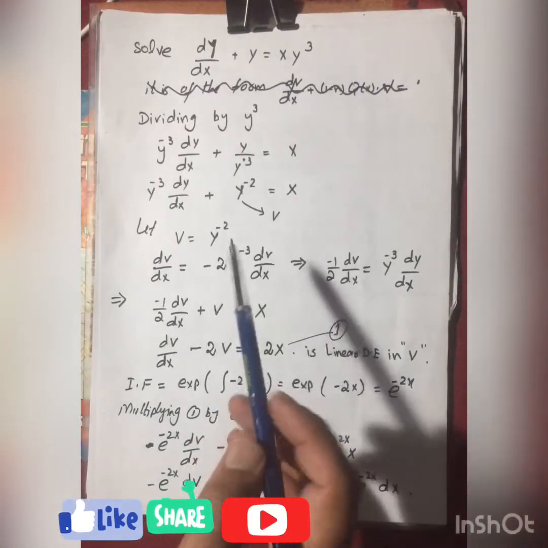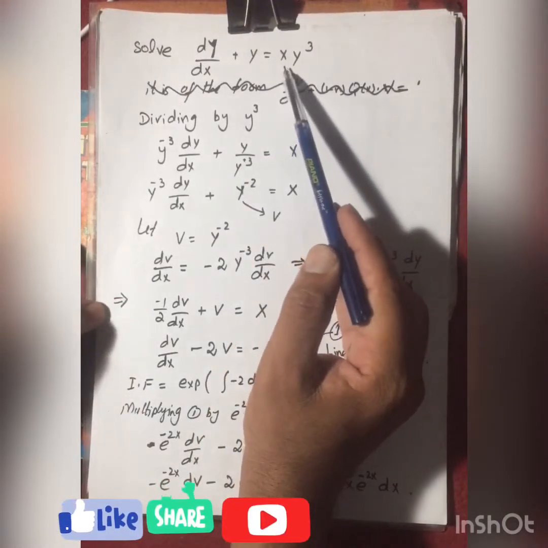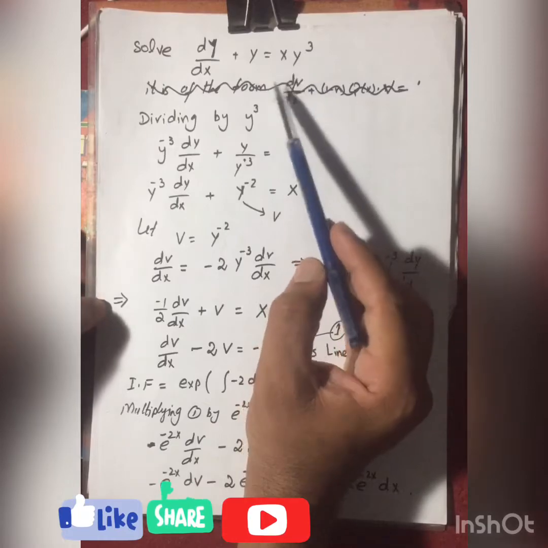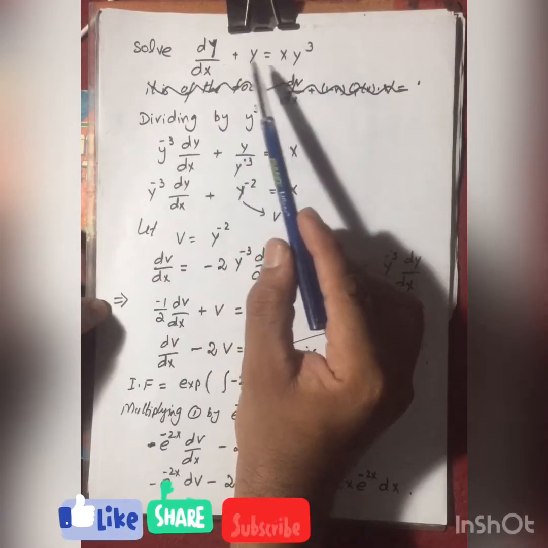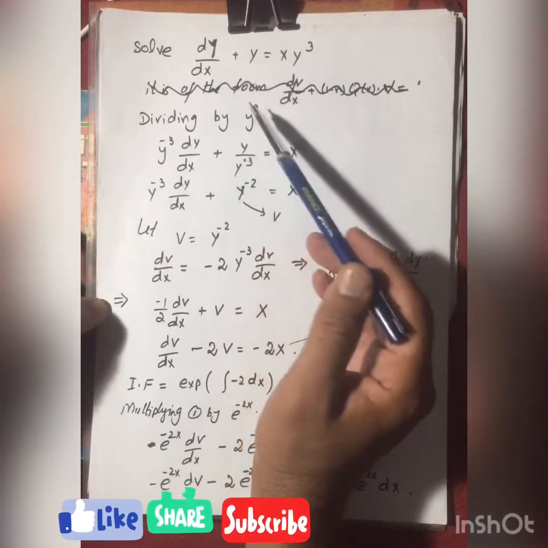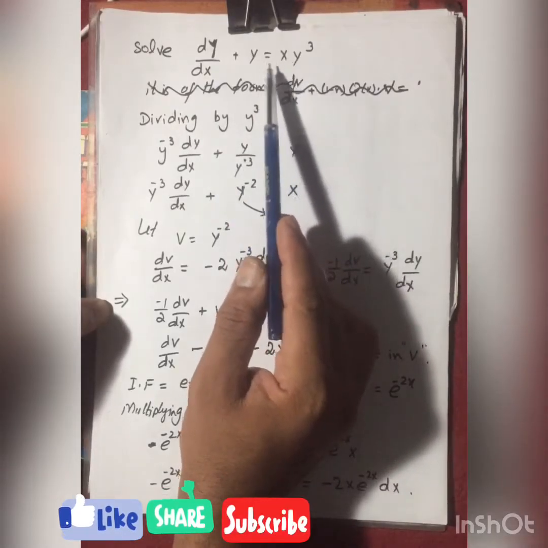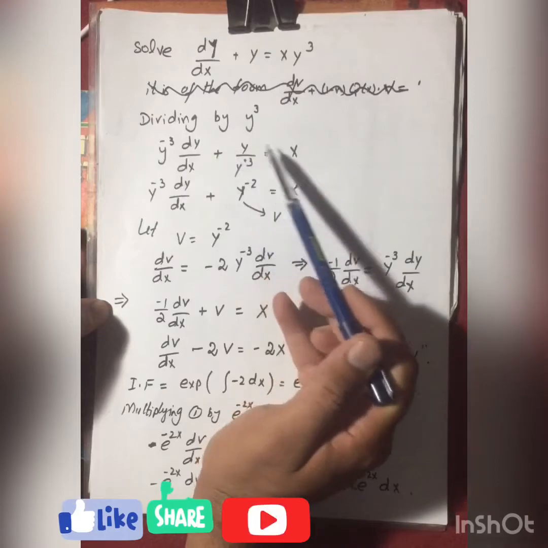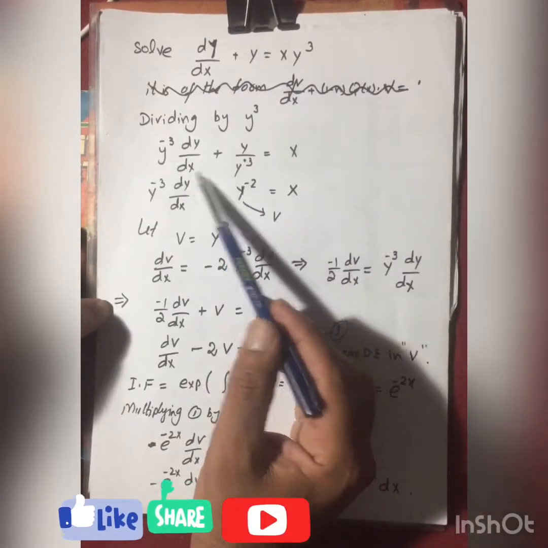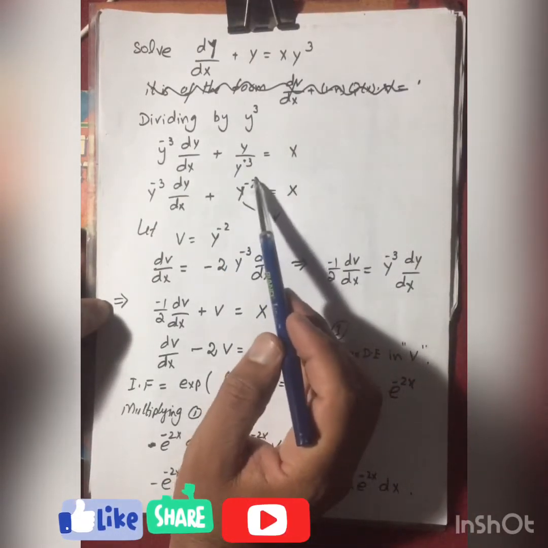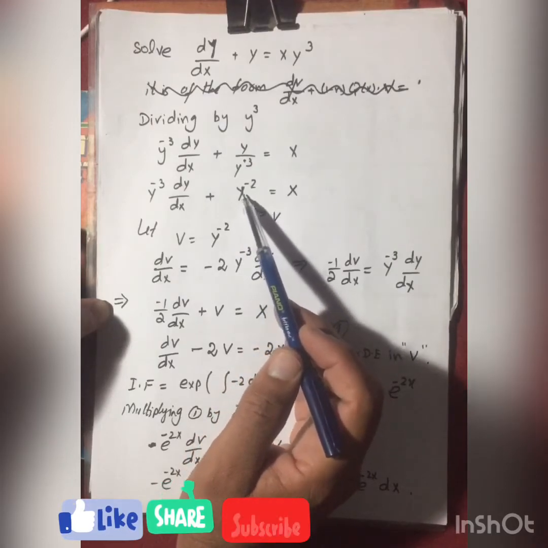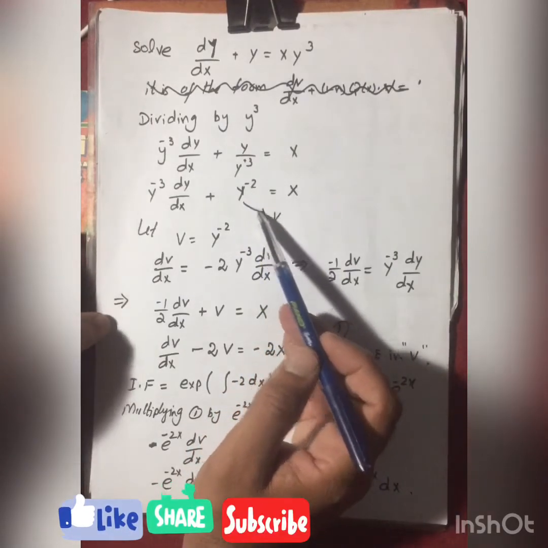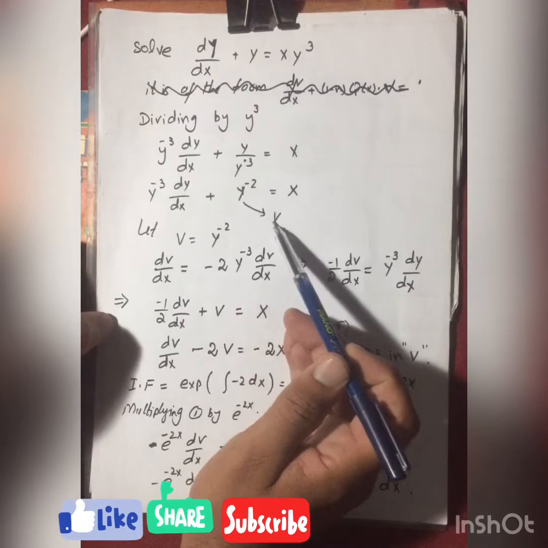Okay, let's see an example. Solve dy/dx plus y equals x y cubed. This is a Bernoulli differential equation. Dividing by y cubed on both sides and simplifying, you will get this, and this will be substituted by v.